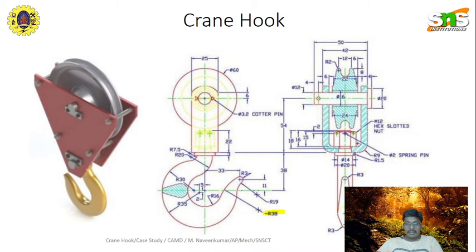You can see the dimensioning mentioned with radius. You can see the number of radius dimensions, so you have to understand the dimensions very carefully. You can see the distance between these radii.